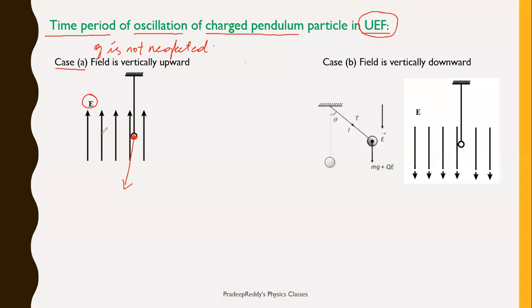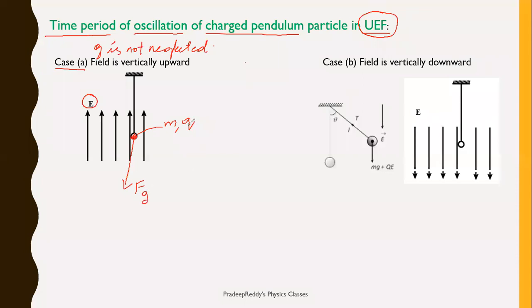Electrostatic field is acting in upward direction on this pendulum because this pendulum has mass m and charge q. This pendulum is having both mass as well as charge. Because of mass, there is gravitational force acting in downward direction. I will write it as Fg.